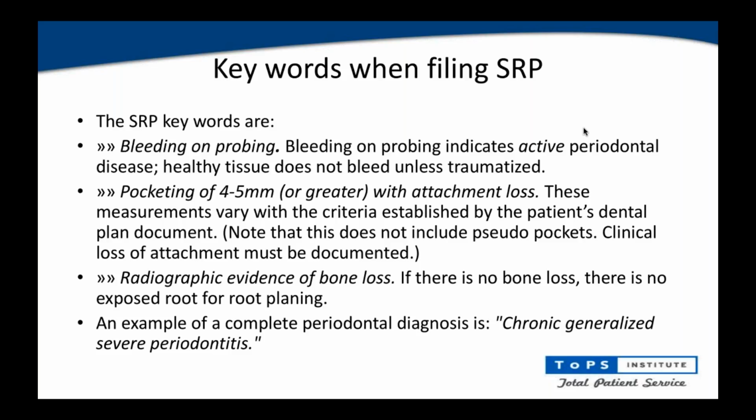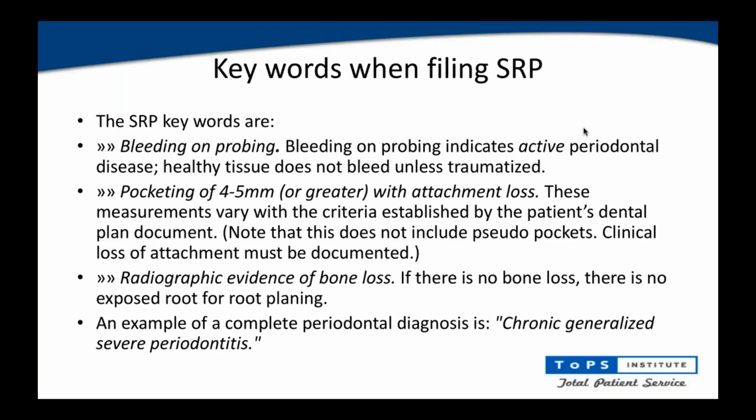So chronic and generalized severe periodontitis with bleeding upon probing, and then of course your presentation of findings will be very important in box number 35 when you're filing for your root planing and scaling for your patients.